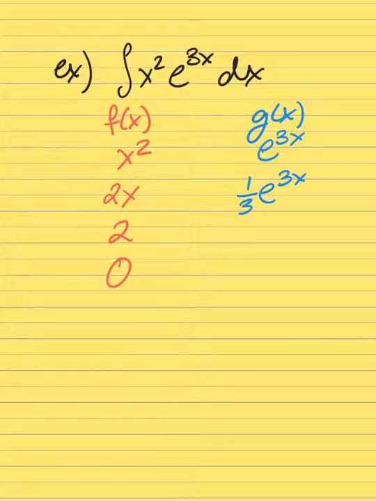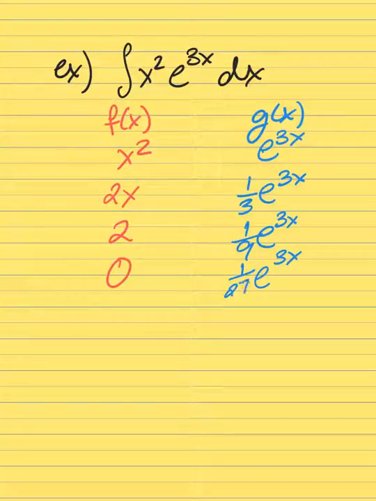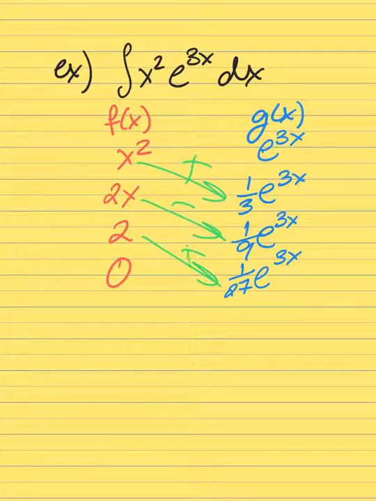Just keep doing that. So again, you get e to the 3x multiplied by another third. A third times a third is a 1/9. Do one more time so it matches with the 0. That becomes e to the 3x. 1/9 times a third becomes 1/27. Start going diagonal. Plus, minus, plus.